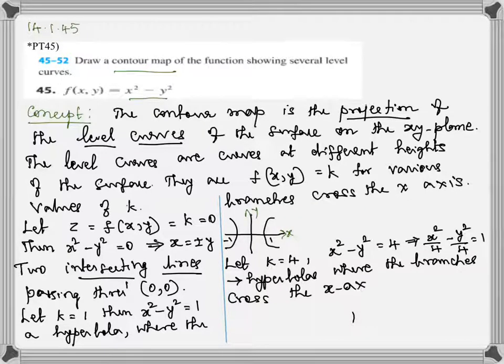So for all positive values of k, you're going to get hyperbolas intersecting the x-axis. So we have shown the k equal to 0 case, k equal to 1, and k equal to 4. The three cases shown here for xy trace.